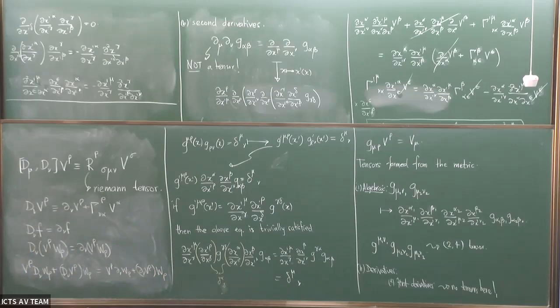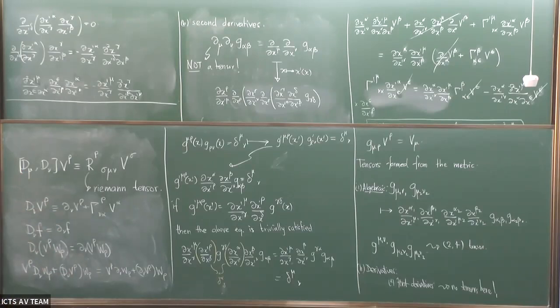Now you know the definition of this object in terms of the Christoffel gamma. Put this in here and you get the minus sign. That's where the minus sign comes from. So I have shown you that the minus sign comes for any lower index object. If you want to generalize this for an arbitrary number of upper and lower indices, you can just contract those two things and find that for all lower indices you get a minus.